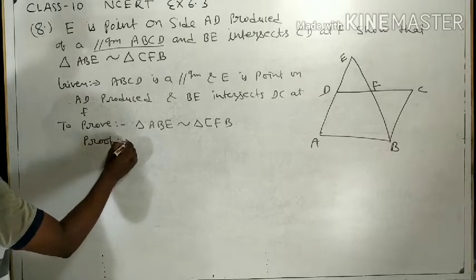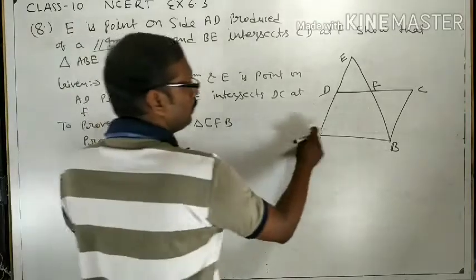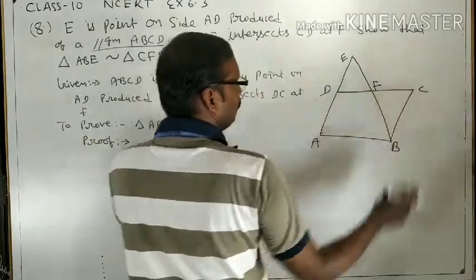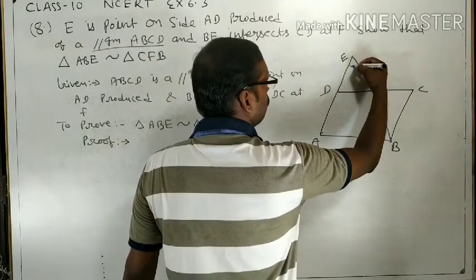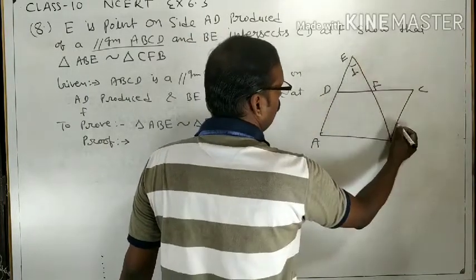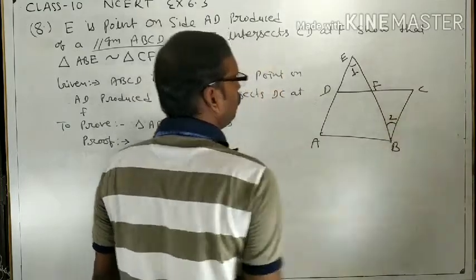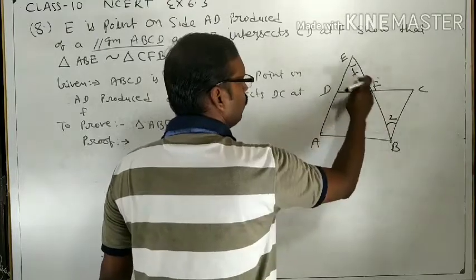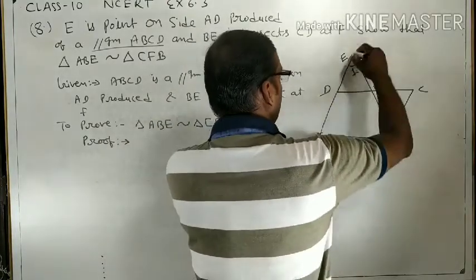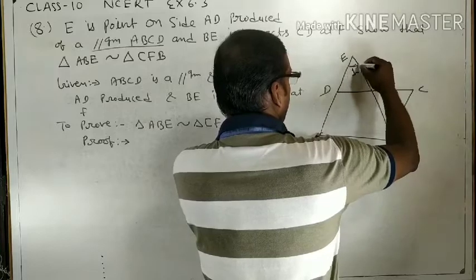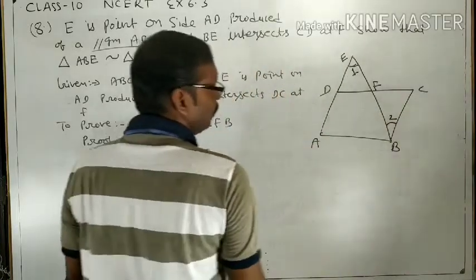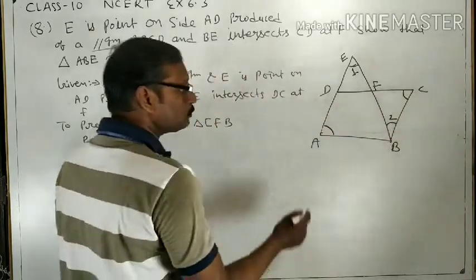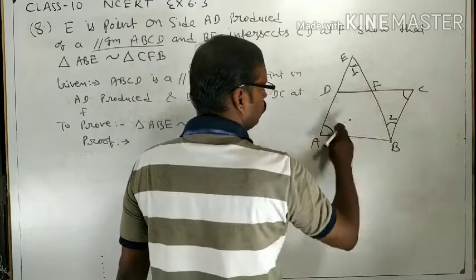Now we are going to prove it. In the proof, in triangle ABE and triangle CFB, suppose this is angle 1 and this angle is 2. So angle 1 equals angle 2 because of alternate interior angles: AE and BC are parallel, therefore 1 and 2 are alternate interior angles. Also angle A equals angle C, because opposite angles of a parallelogram are equal.